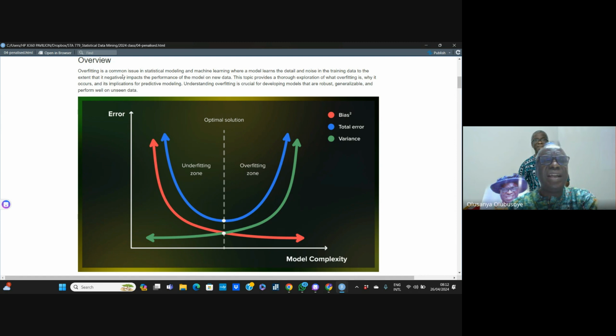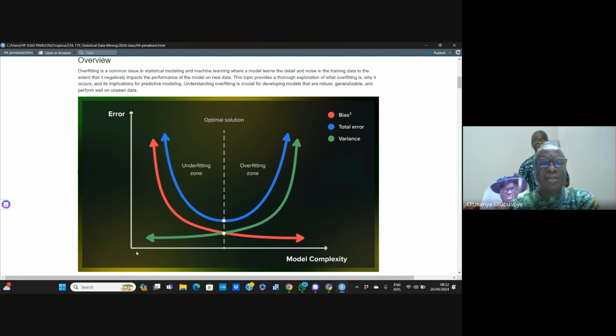The total error is usually the bias square plus the variance. So this is bias square, and this is variance. So the sum of the bias square and the variance gives you the total error.